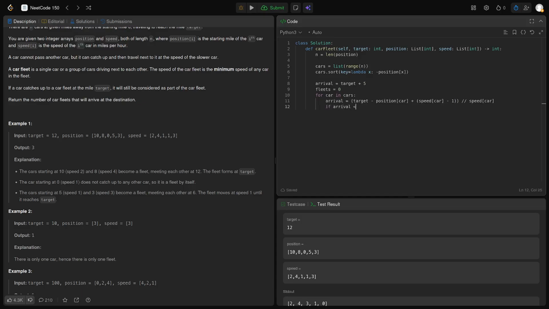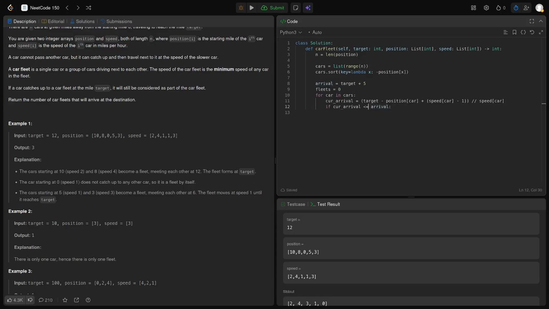If arrival is less than or equal to the current arrival, then, sorry, if it's less than or equal to the current arrival, if the car can come sooner or at the same time, then nothing changes, right?